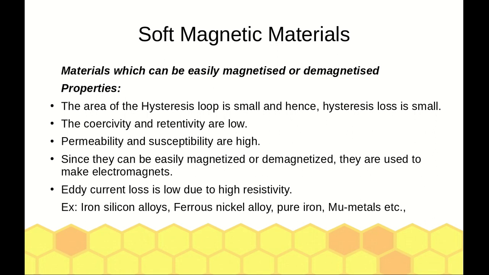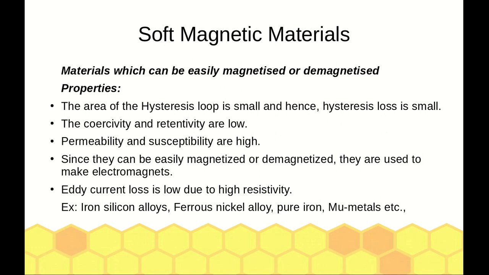The area of the hysteresis loop is small for soft magnetic materials. So the hysteresis loss for this type of material is small. The coercivity and retentivity of soft magnetic material are low. Permeability and susceptibility of soft magnetic materials are high.